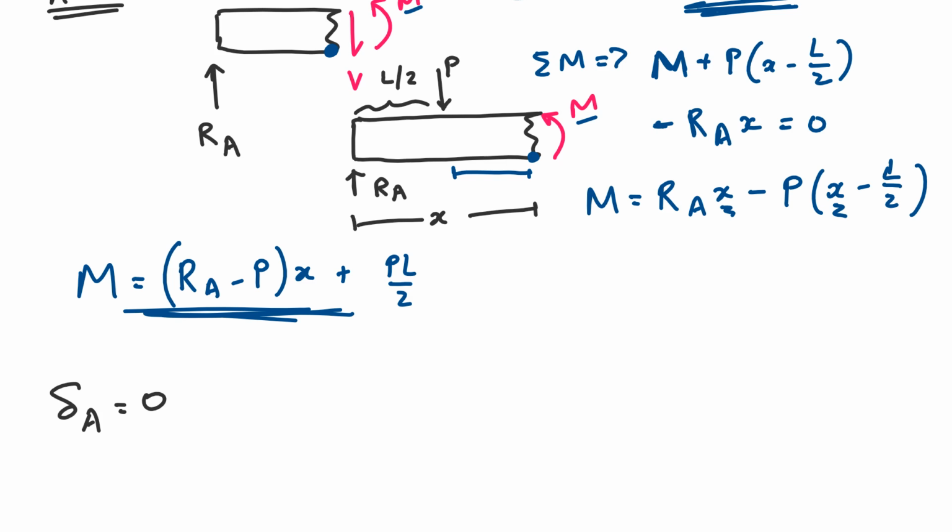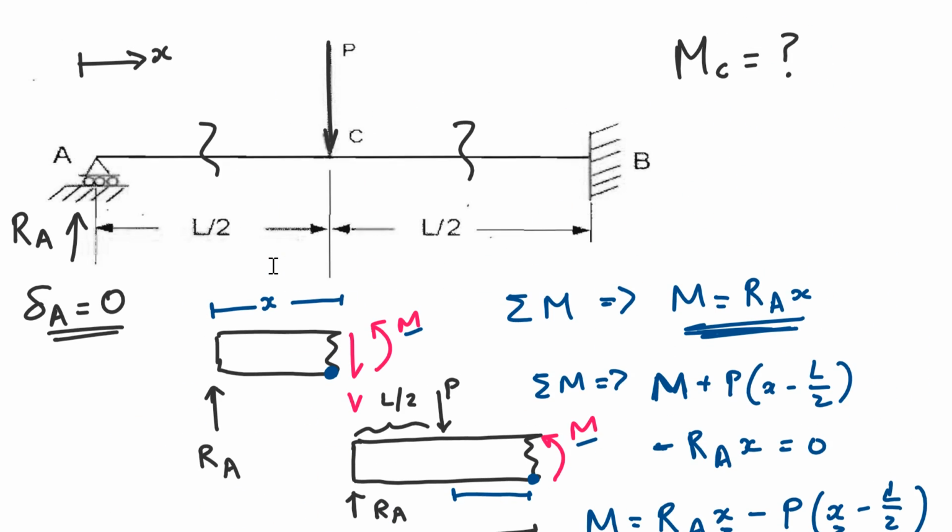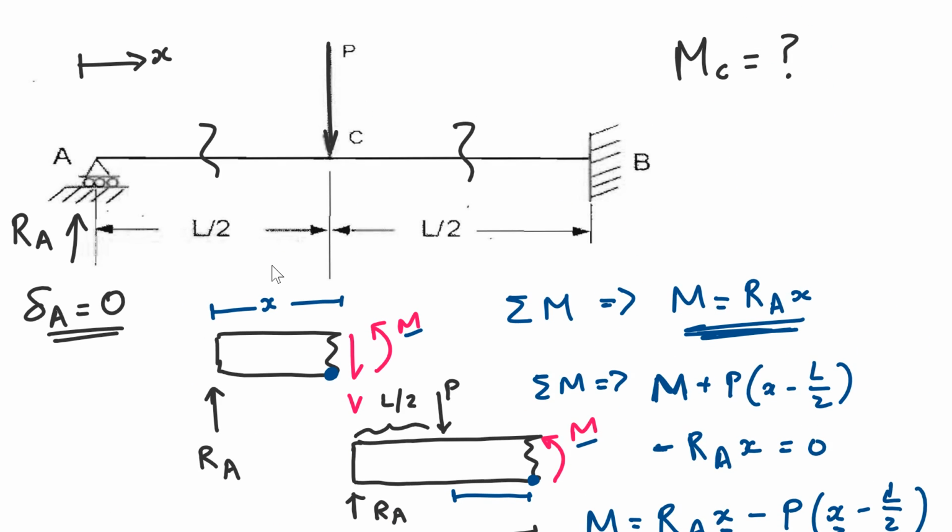Okay, unit load time. We have to replace this whole thing with a unit load now, which is exactly what we're going to do. If we look back up here now, how many loads do we have? We have one load, and remember in the unit load method, we replace all the loads with just one load at the point of deflection.